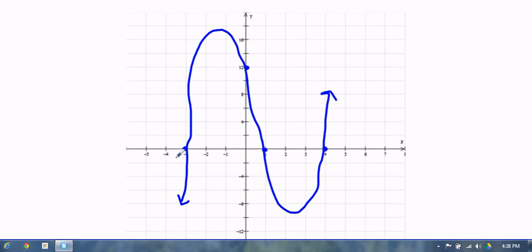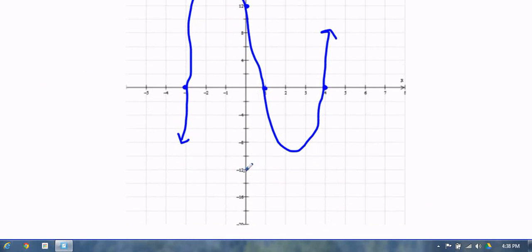The second one is just a reflection of the first one, and our y-intercept was negative 12, so if I plot that, there's negative 12. Same zeros, and my leading coefficient was negative, so I'm going to start in quadrant 2 and end in quadrant 4. So for this one, I'm going to be coming from here.